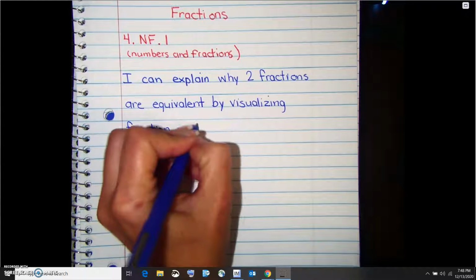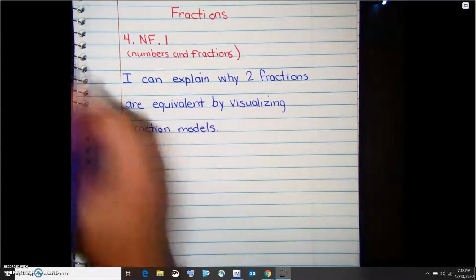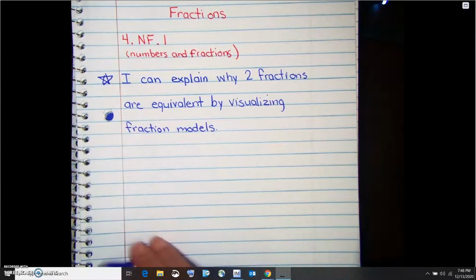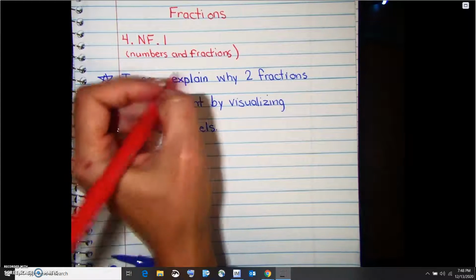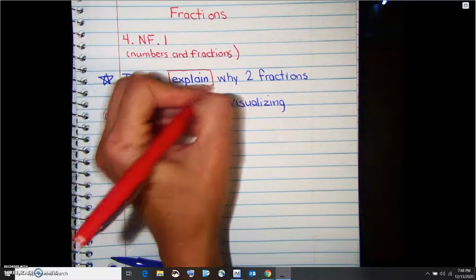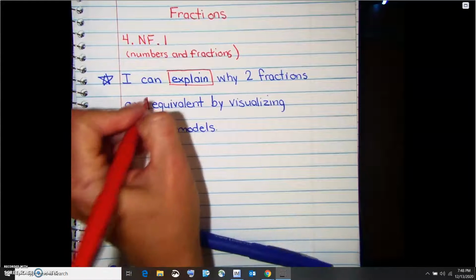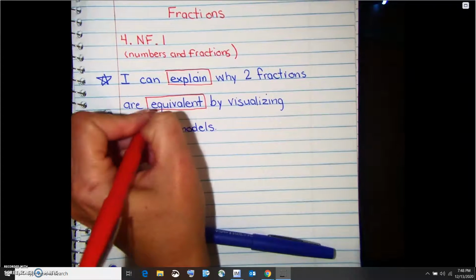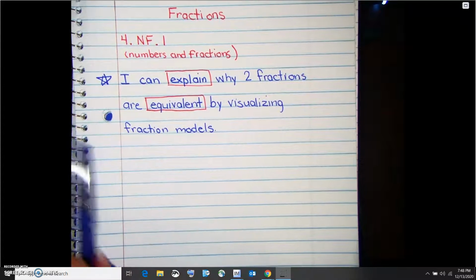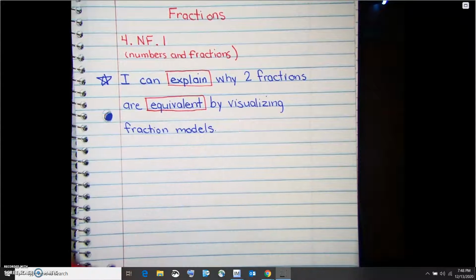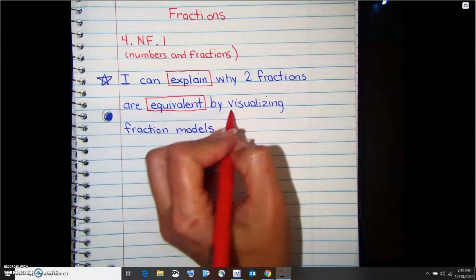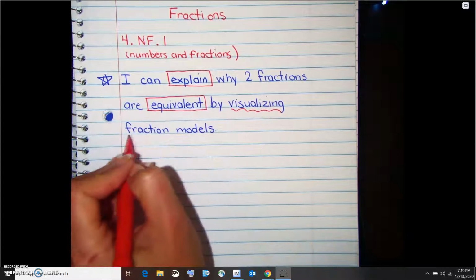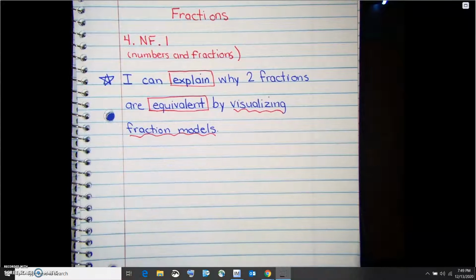Okay, so let's break this down before we go into the second part, because this is the first one. So the words explain, equivalent, and then I want to make sure that you know what visualizing fraction models means.